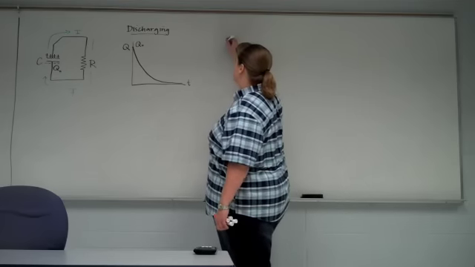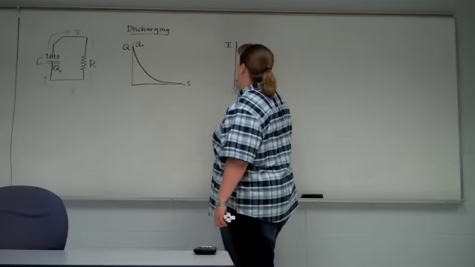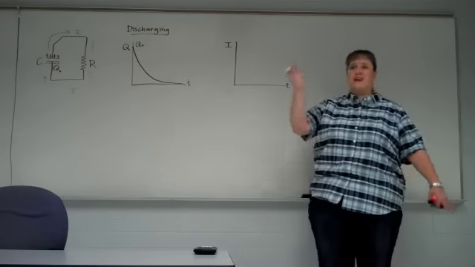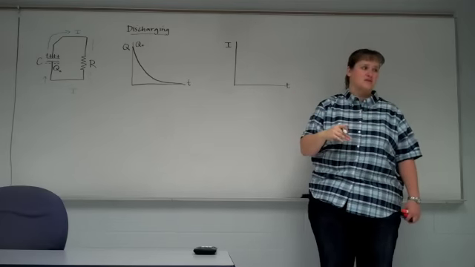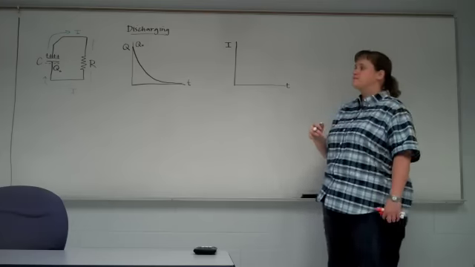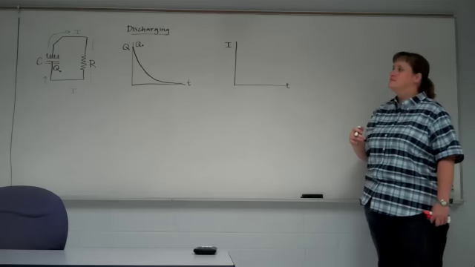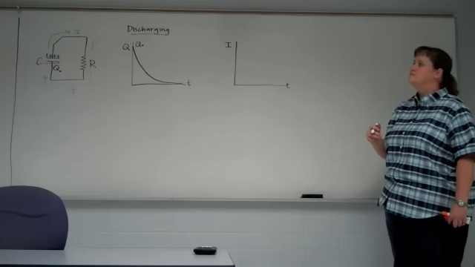What do you think the current looks like? The current's not going to stay constant because the capacitor can't continue to pump out the same amount of charge. It's just a derivative, so it's just T as well.